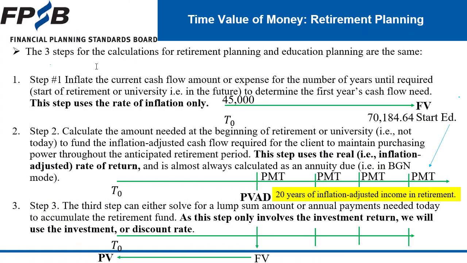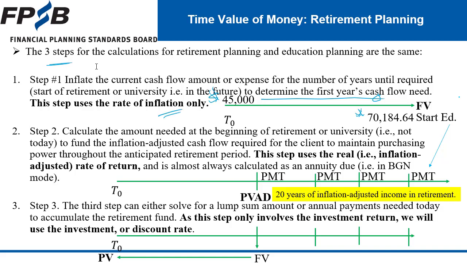So just back to our little graphic here, because some people are more visual than others. So we started with the $45,000 in today's purchasing power that we want to preserve, retire 18 years from now. So we just calculated the future value. Future value equals present value times 1 plus i to the n. And we're using the rate of inflation, 2.5%.